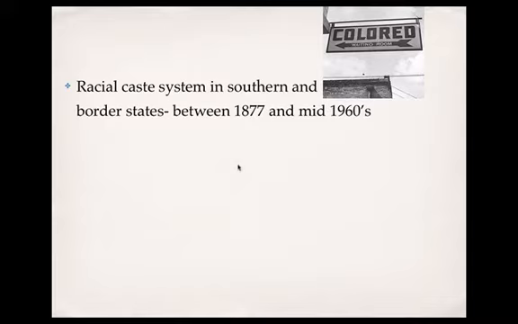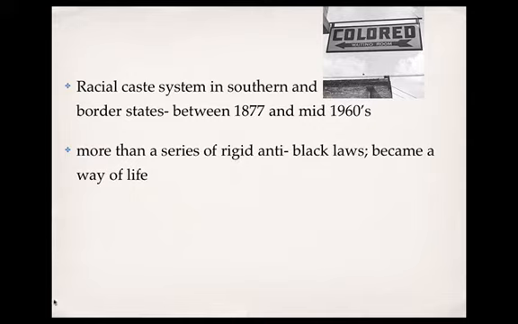You might have heard of a caste system in places like India, where they have the untouchables and going all the way up to high class. So it was a similar type of system without necessarily being legal on a nationwide scale. They passed laws in the South that would discriminate against African Americans. And it was more than just laws being passed. It became a way of life.